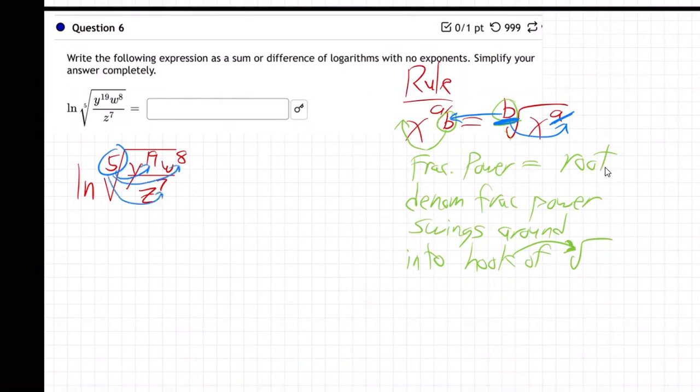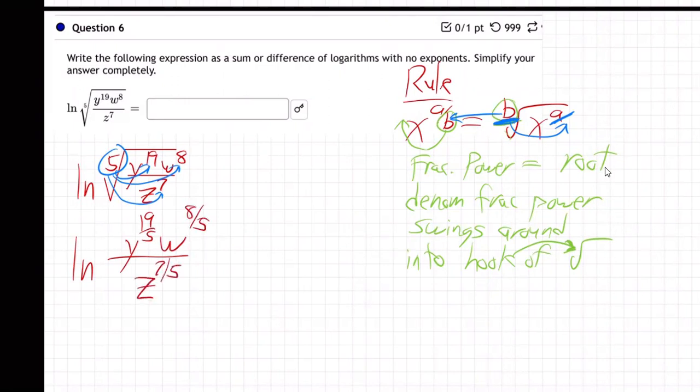Why all three? Because the hook is over all of them. It's not over just the y or just the w or just the z. It's over them all. So this will become y to the 19 over 5, w to the 8 over 5, z to the 7 over 5.